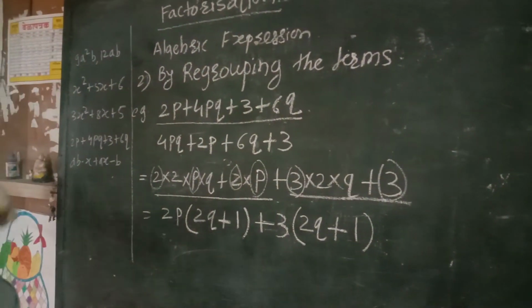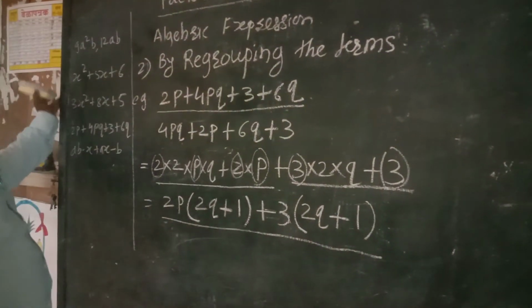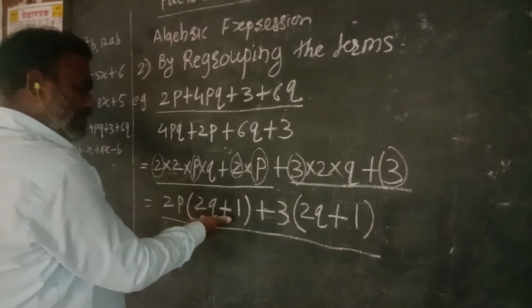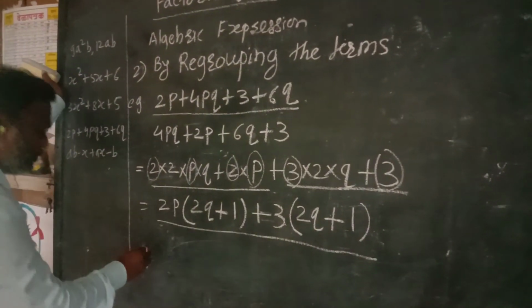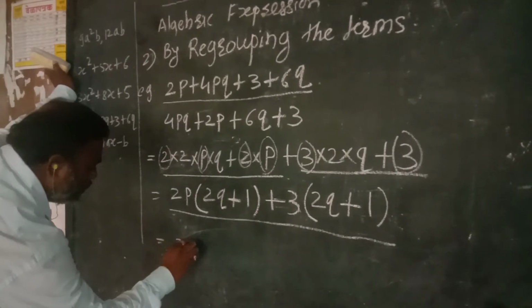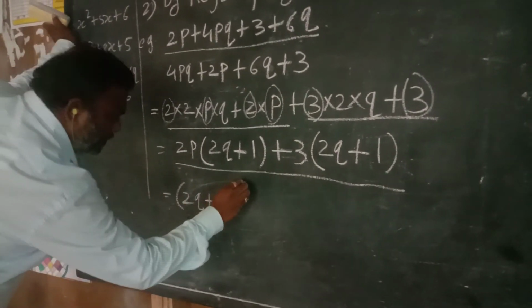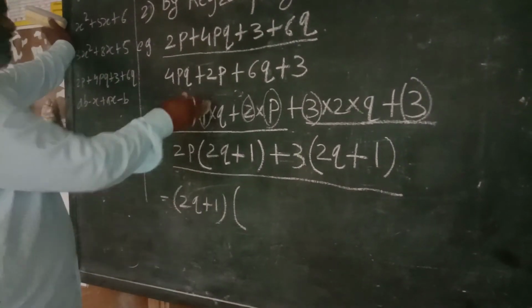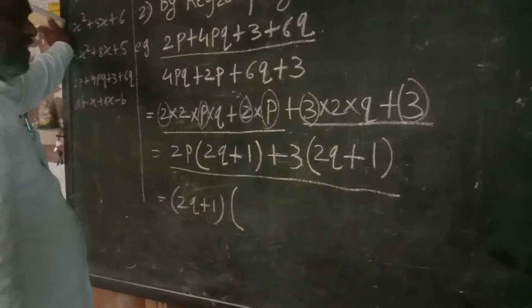Now from this expression we have the common factor or common expression 2q plus 1. Here also 2q plus 1. We have to take out the 2q plus 1 outside. And in another bracket, similarly as we did above, the remaining part we have to put in the second bracket.